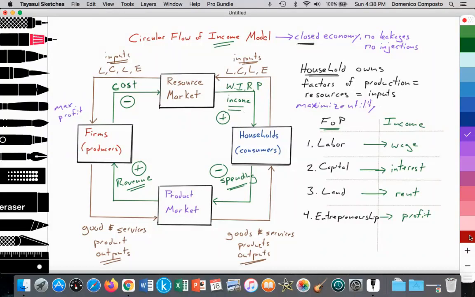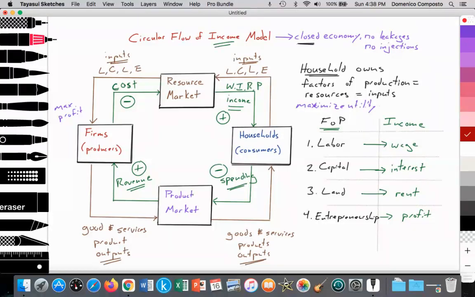Now, there's something I want to add in terms of macroeconomics. In macroeconomics, we're going to get into this idea of economists trying to measure production within an economy and deciding on how we can measure production year after year.